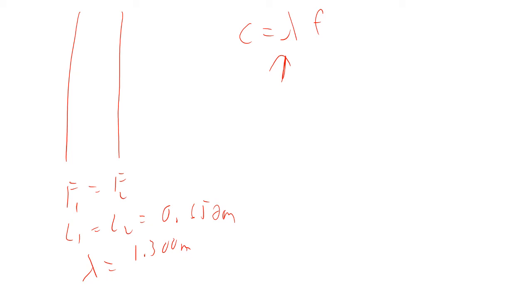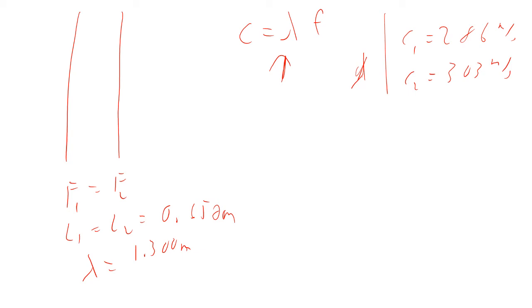If they're the same length, then C1 is still going to be 286 meters per second. C2 is still going to be 303 meters per second, so that has not changed.